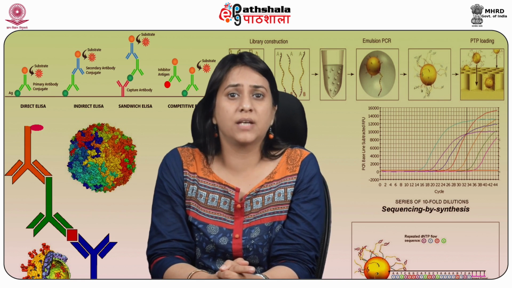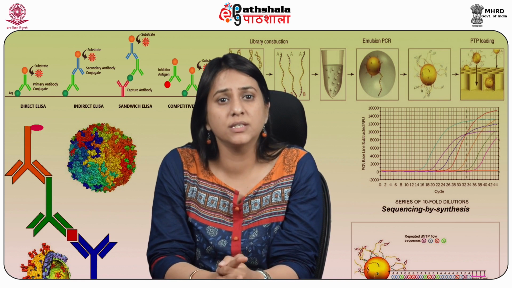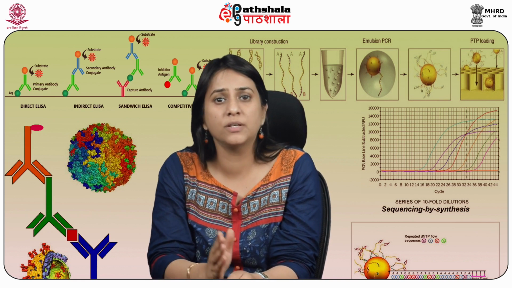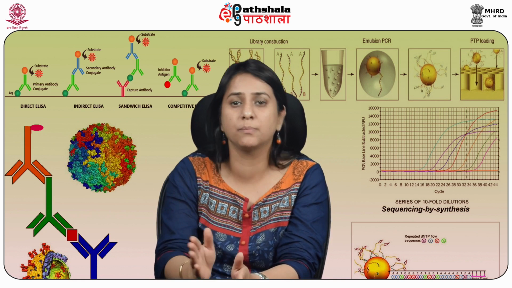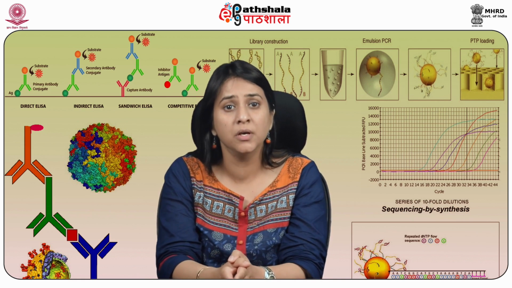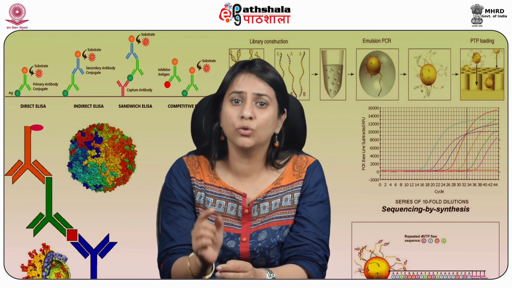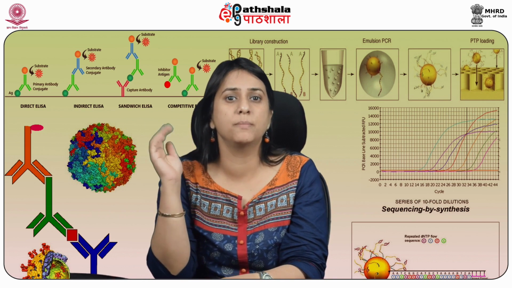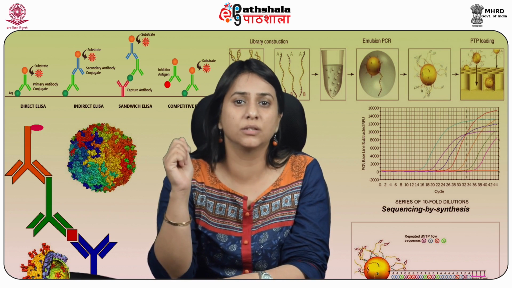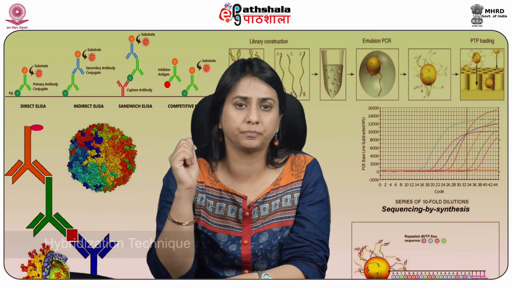The nucleic acid hybridization utilizes annealing of complementary sequences to form a stable structure, which is actually a hybrid for detection. The unique ability of a DNA to bind only to its complementary sequence is utilized in the hybridization technique.